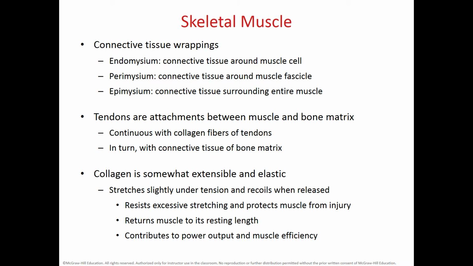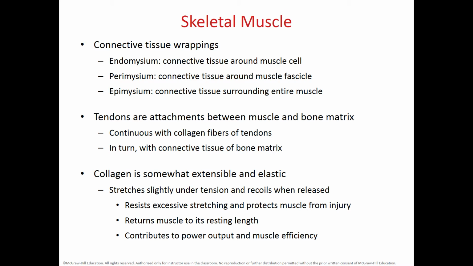These tendons are made of dense connective tissue, dense collagen fibers that actually merge first with the periosteum, and then they penetrate into the bone matrix. This penetration of the tendons into the bones makes the attachment of the muscles to the bone very strong, so that when you exert force with the muscle, you can move the bone.